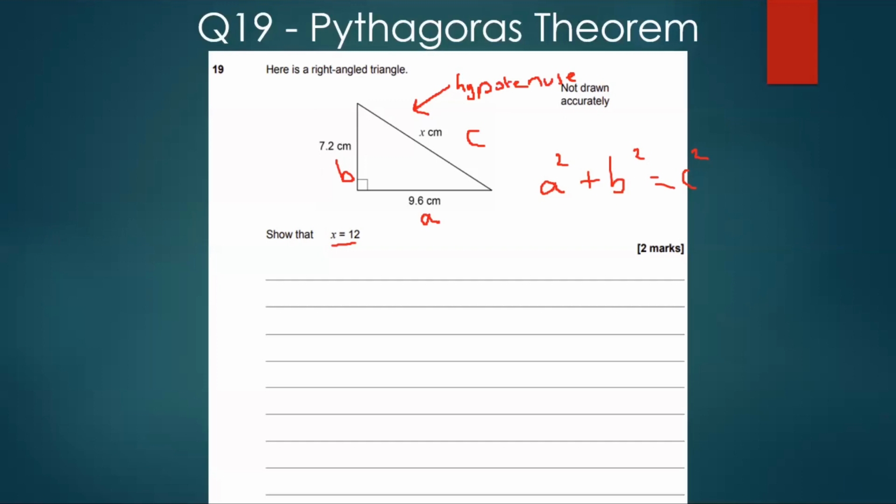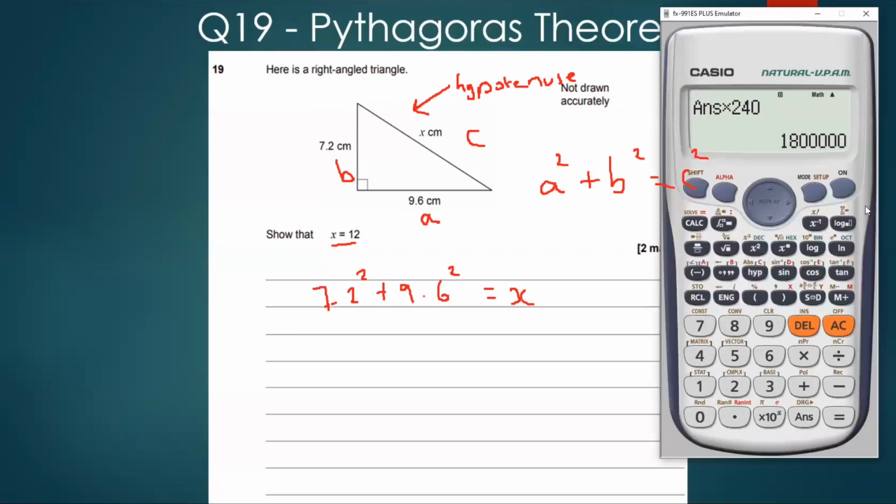So that's the longest side, guys. Subbing this into my formula, I'm going to have 7.2 squared plus 9.6 squared is equal to x squared. So working this out, I'm going to use a calculator for this part. I'm going to work out what 7.2 squared plus 9.6 squared is on my calculator.